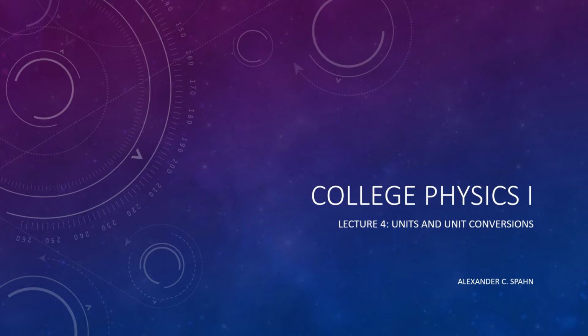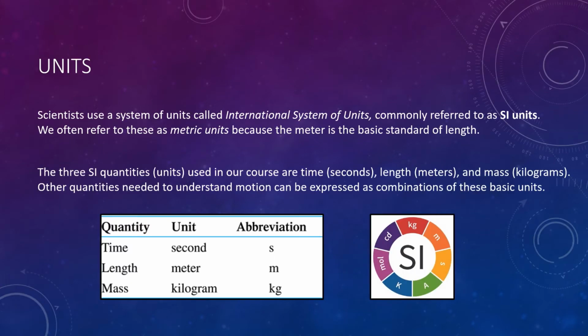Given that science is an international discipline, it is also important to have a system of units that is recognized around the world. And so, scientists tend to use a system of units called the International System of Units, which is commonly referred to as SI units.